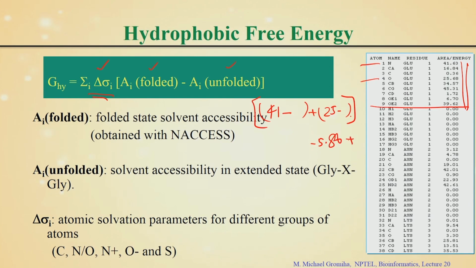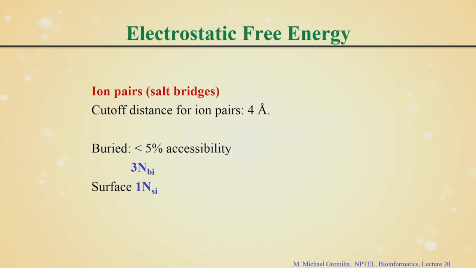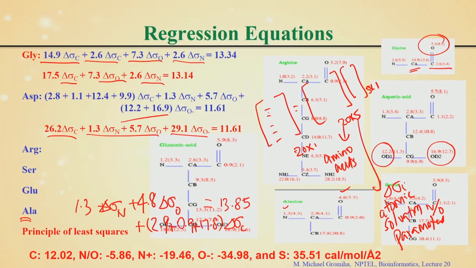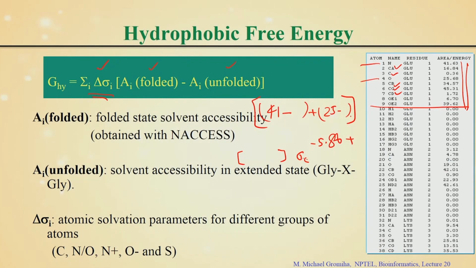Then plus, go with all the carbons, 1, 2, 3, 4, 5, 5 carbons, you get the difference in accessible surface area and multiply by delta sigma of C. What is the value of sigma of C? This is equal to 12.02.